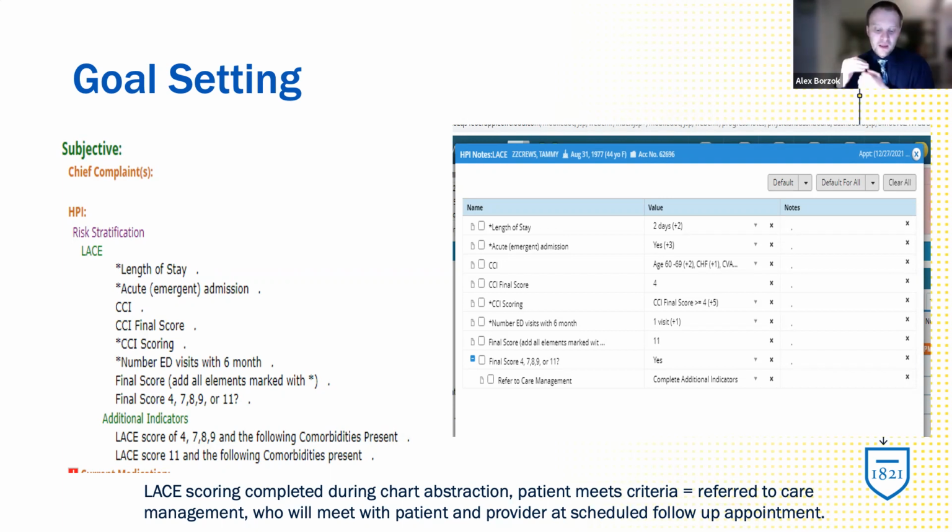So this is all done as part of that initial work, where we have it built into the charting system where they actually compute the LACE score, they actually compute the CCI, the Charlson Comorbidity Index, because even though the CCI score doesn't give us the statistical edge that the LACE score does in predicting readmission, the CCI score is still very important to know because it's still clinically significant at predicting morbidity and the need for certain resources that might not necessarily be readily addressed in normal goal setting with the patient.